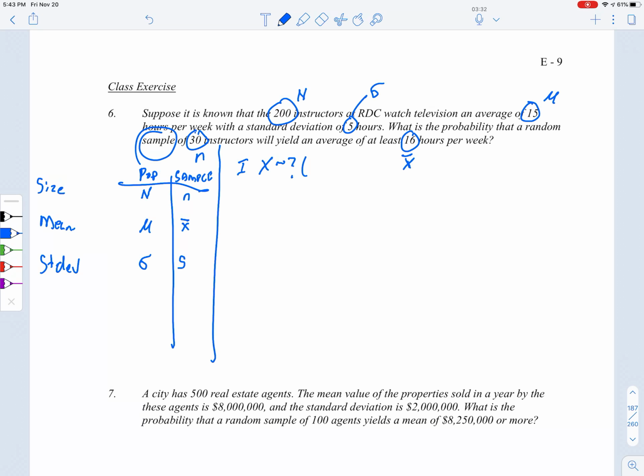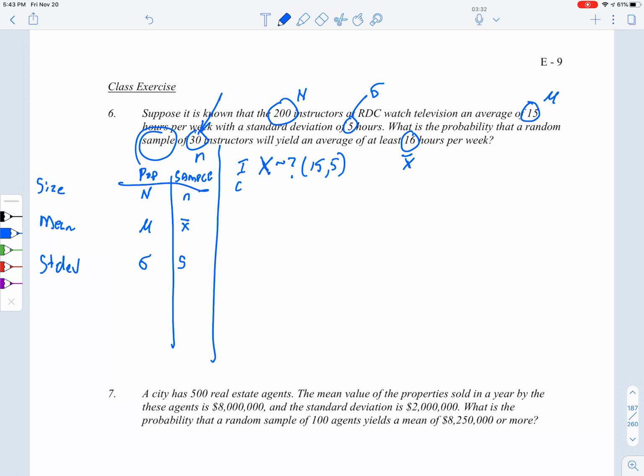Remember, the central limit theorem says that as long as your sample is at least 30, then the central limit theorem kicks in, so it doesn't matter how the population is distributed. So what we've got here is that we don't know that it's normally distributed, but because n is at least 30, we can continue. The mean is equal to 15, and the standard deviation is 5. So that's what we know about the population.